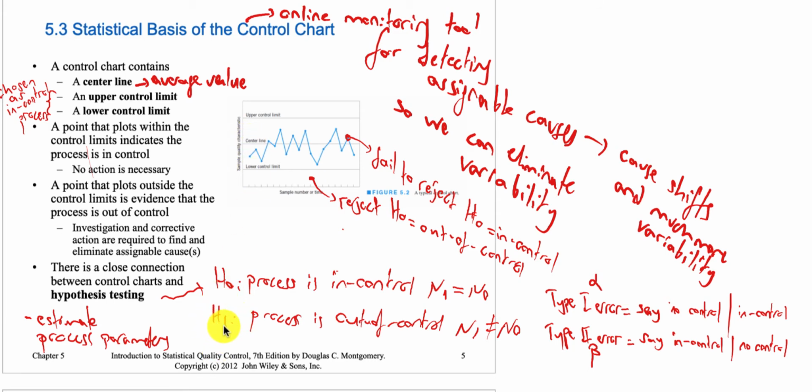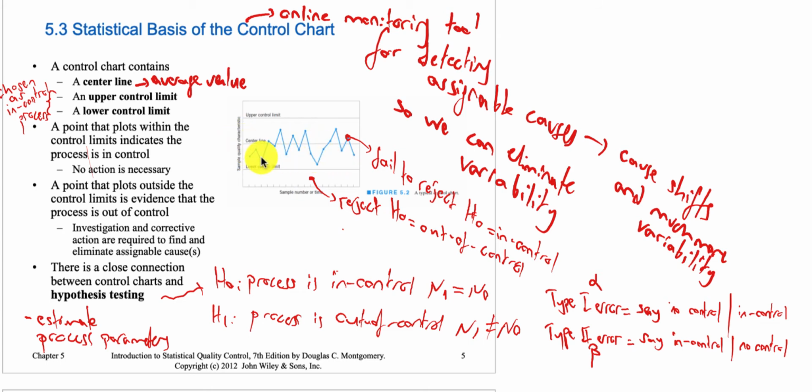The alternative hypothesis says the process is out of control: mu1 is not equal to mu null. It means that in the next samples, the mean value will be drifted away from the central line we have here.